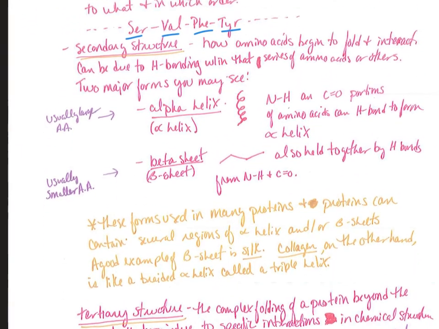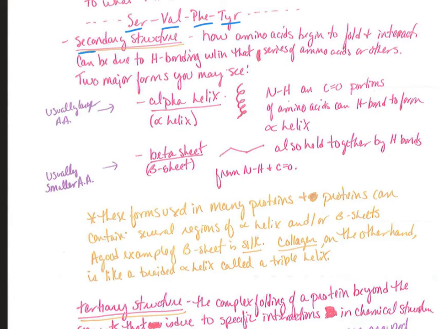Next, we get to what's known as a secondary structure. On secondary structure, this is like little regions of this huge amino acid chain, usually way over 50 by the way, and how they begin to fold. So I want you to consider sort of like a big string. If you were to start twisting it, what ends up happening is you get these little twisty-doos that happen in the middle of it.